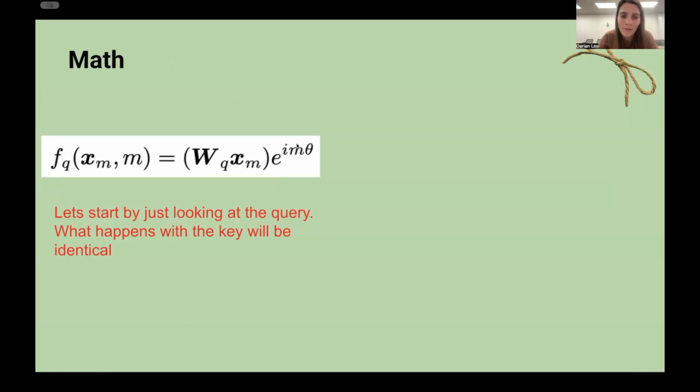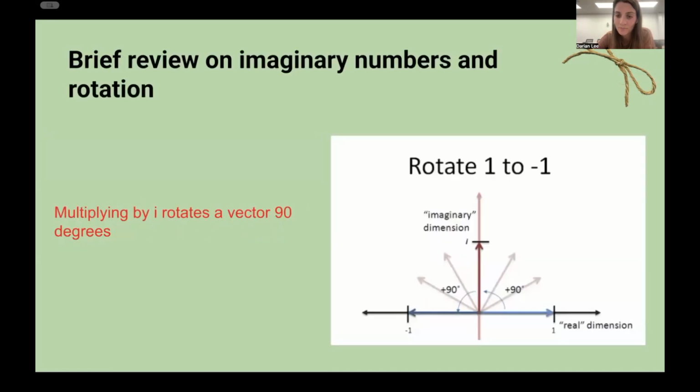So first of all, I just want to say that m, if you remember, is going to be the index of the query, and theta is going to be this variable which is defined in terms of the sequence index and dimension, which isn't super important now. So let's first just talk about how to think about i in general and the role it plays in rotation.